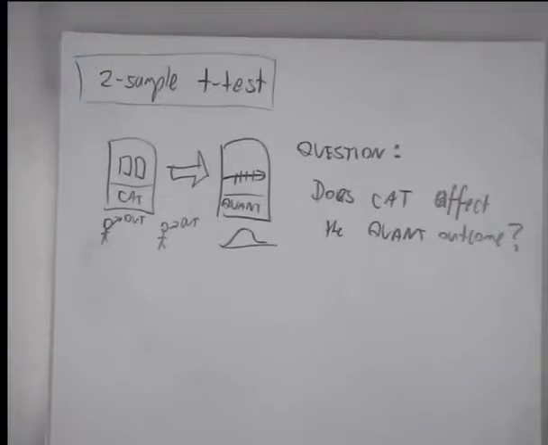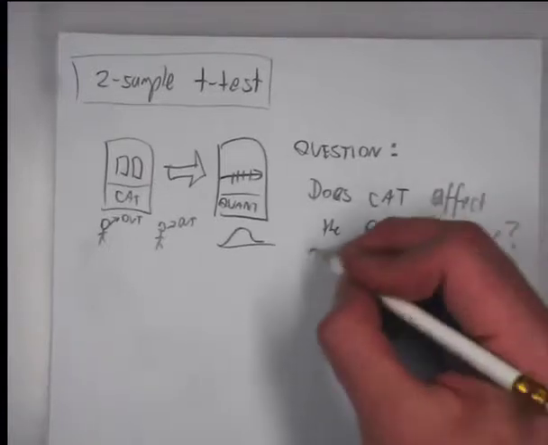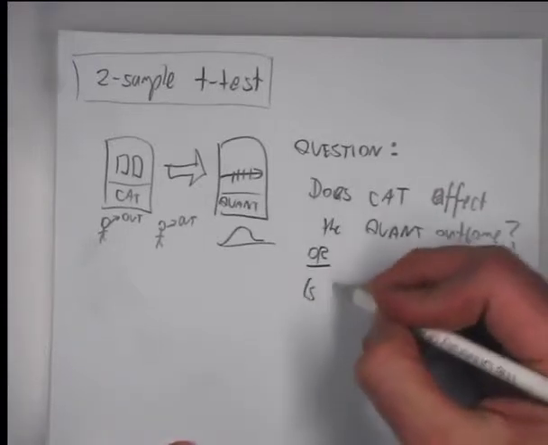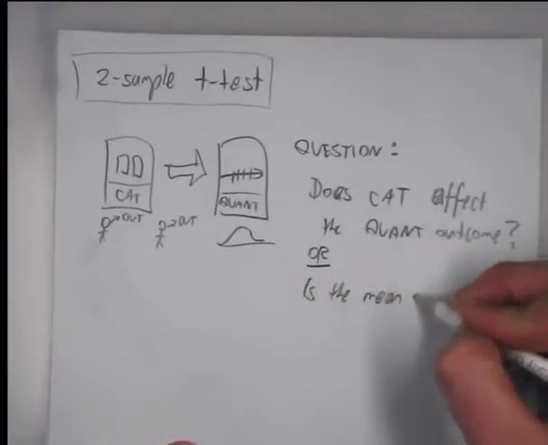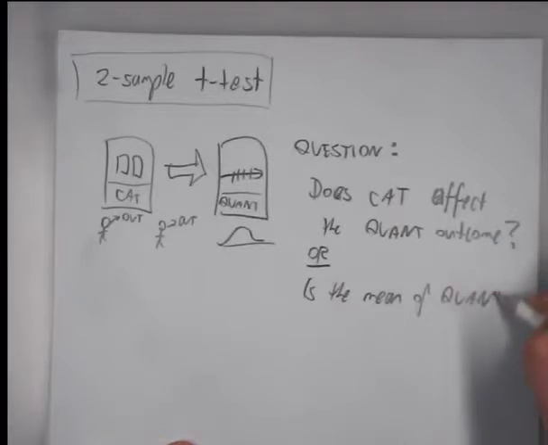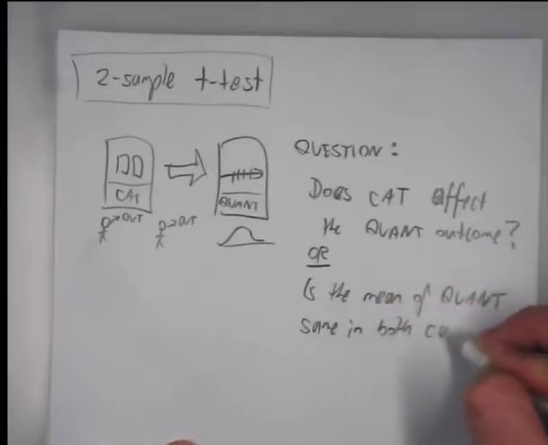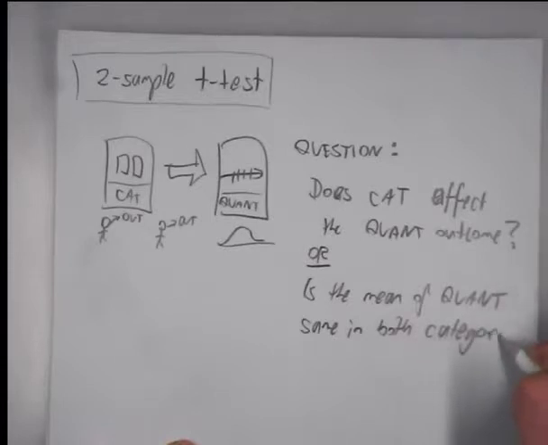Does gender affect height? It does. Or lung capacity. You can also ask it in the sense of, in the two possible categories, are the means the same? Okay? Is the mean of the quantitative variable the same in both categories? Okay, that's the other way to ask it.